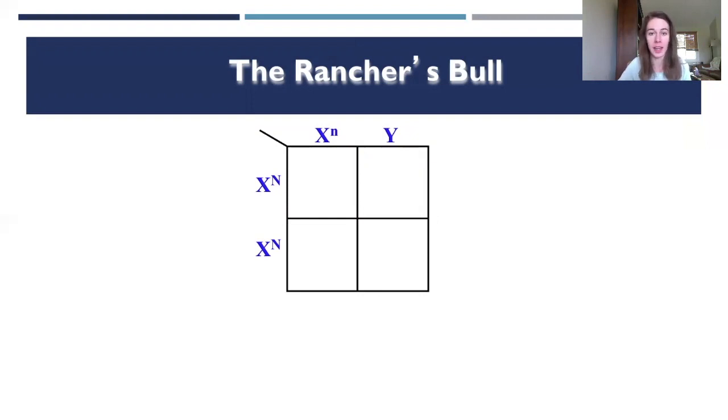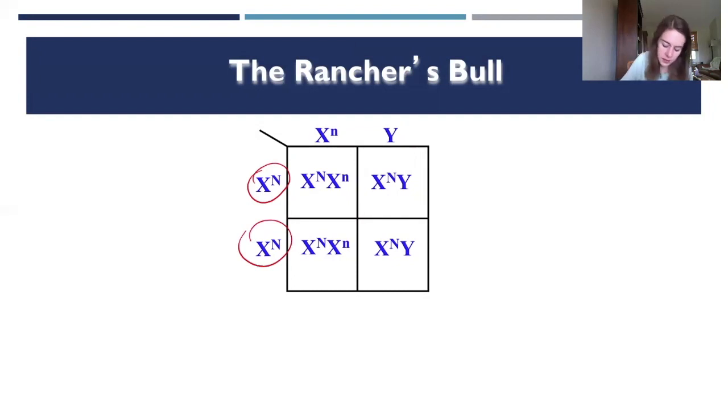Big N, big N. Of course, we don't want to choose the cow that could also pass on this trait, because that's going to give us a greater chance of having an offspring with it. But what are the chances that any of these offspring, even when you cross it with a completely normal cow that's not even a carrier for the disease, you have a 0% chance of having any offspring with the disease in this case.